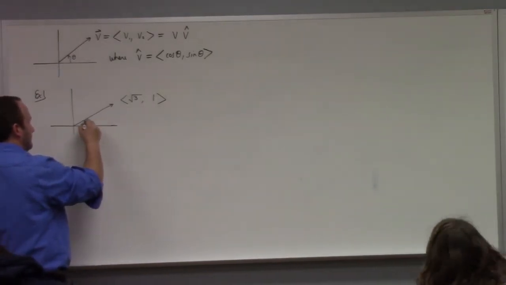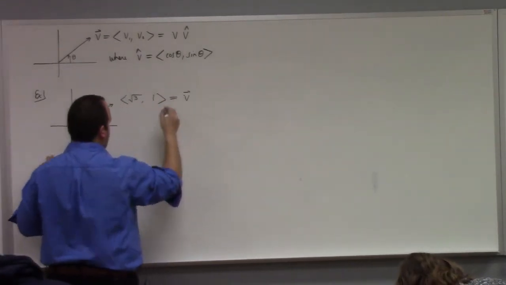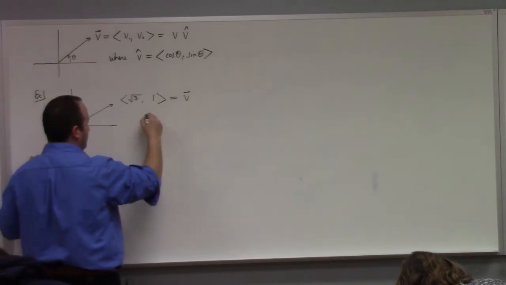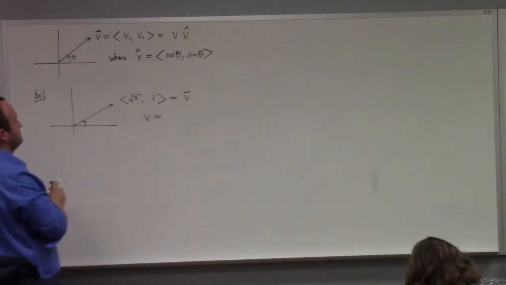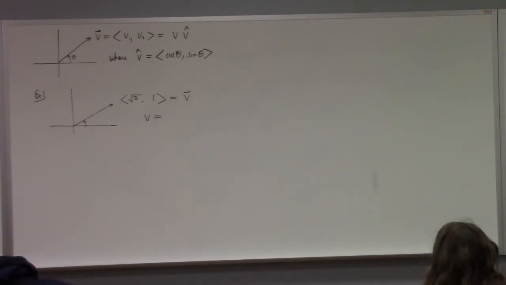So if this is my vector, what's the magnitude of the vector? Am I thinking about v being velocity at the moment? Not really, right? This is just a vector. Okay, so context matters here.